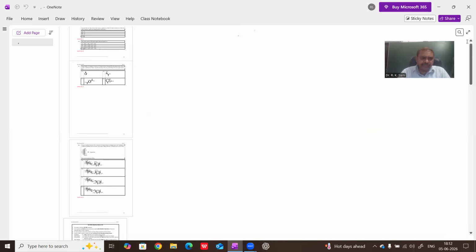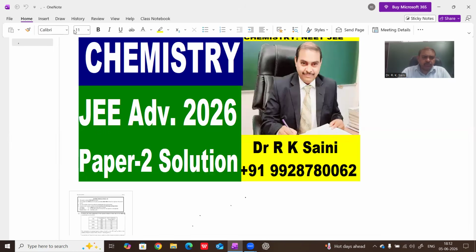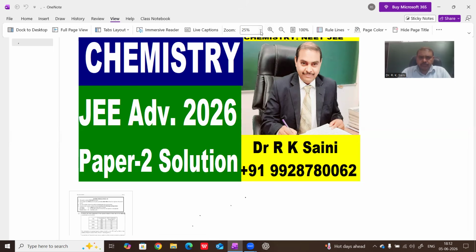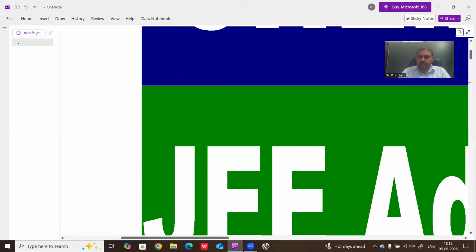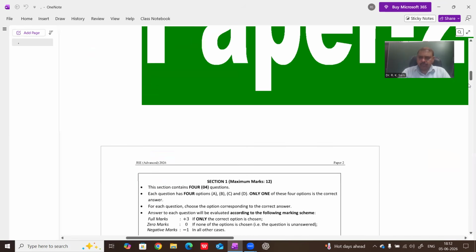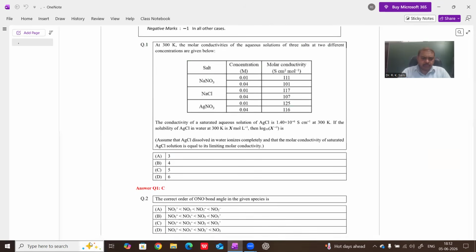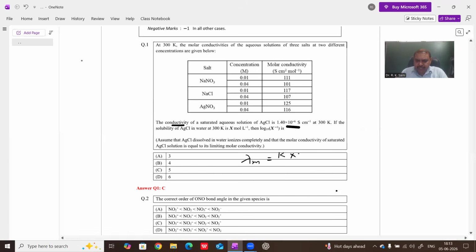Question number first. Activity equals specific conductance into 1000 upon m, where m is solubility.